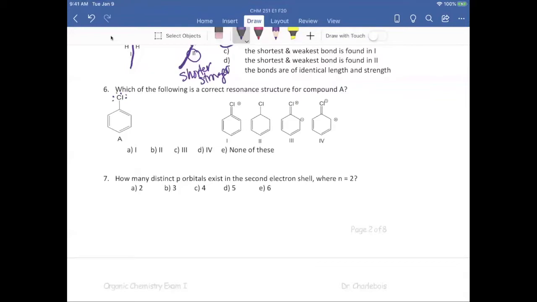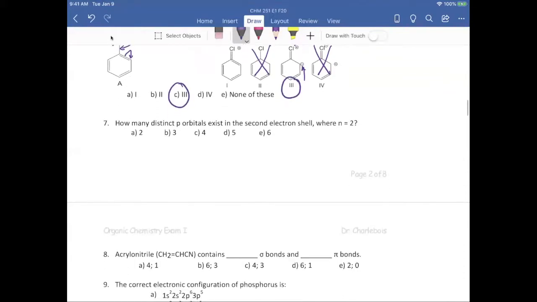So the only thing we can do is move these down and then hop up onto the carbon. So our correct resonance structure for this one is going to have a positive charge on the chlorine. So this one's wrong and this one's wrong. And it has to then have a negative charge on this carbon. So the positive charge will be on the chlorine, like right here, and the negative charge on the carbon. So the answer here is C.